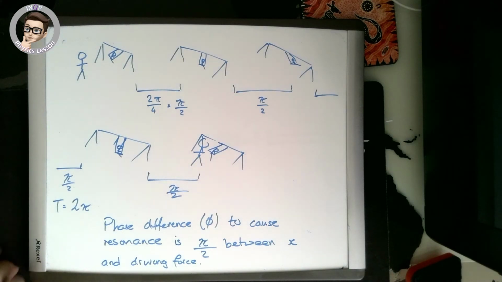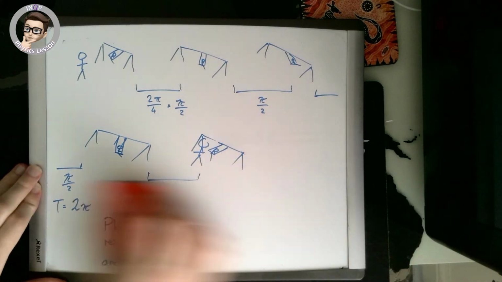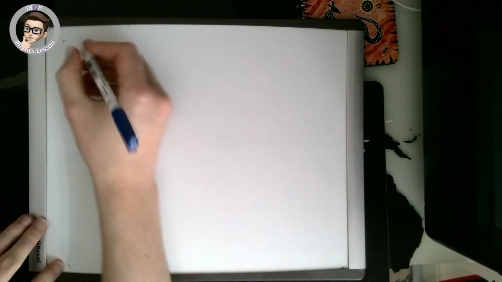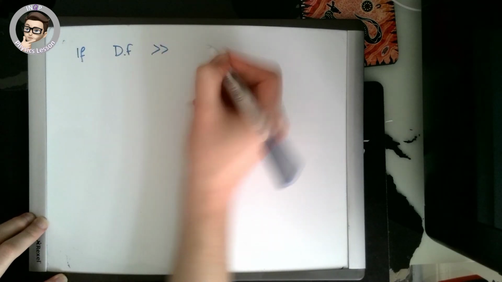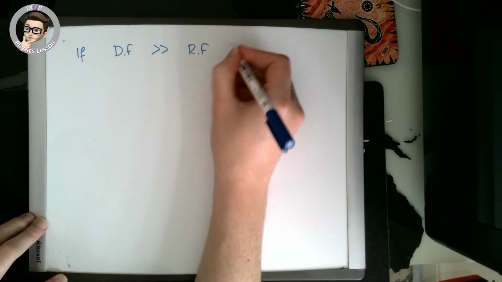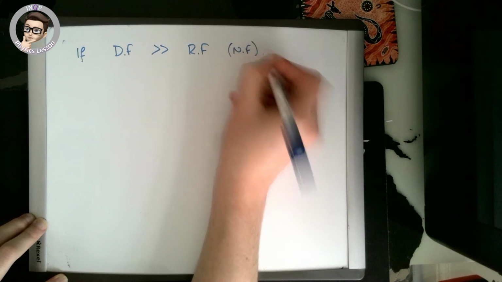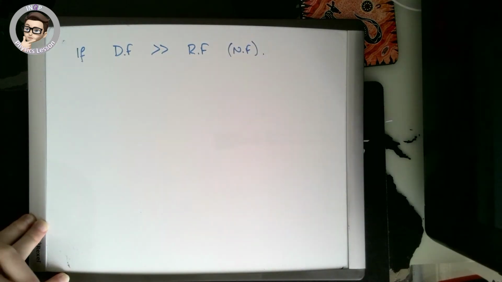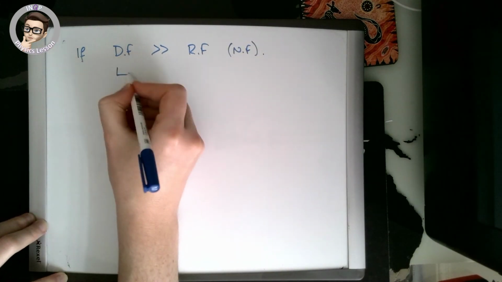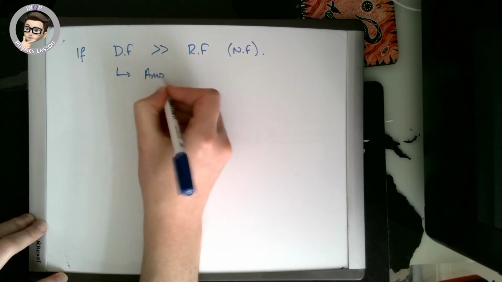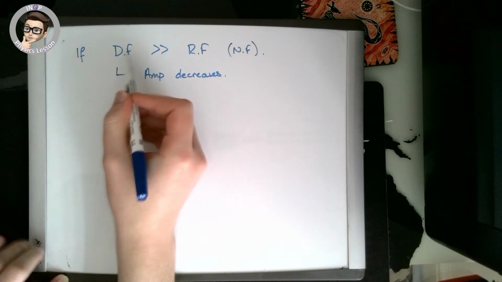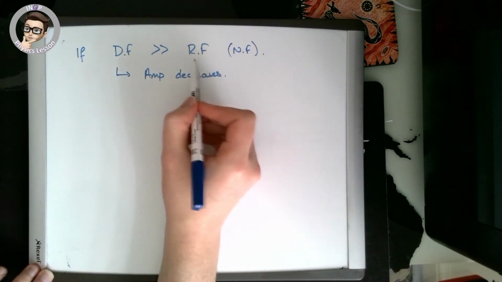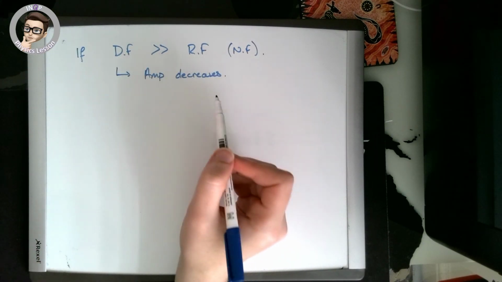Now what happens if our driving frequency is much greater than our resonant frequency? So if the driving frequency is much greater than the resonant frequency, or the natural frequency, if we want to go back to the other terms, then we're going to find that the amplitude will decrease more and more. So as the driving frequency gets bigger than the resonant frequency, the amplitude will decrease more.